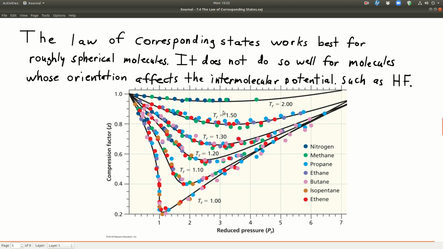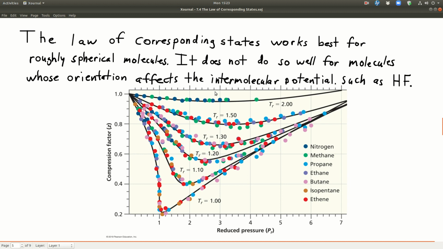And what it shows is that when the reduced variables are the same, they have very similar properties. So the same reduced temperature and pressure gives very similar values for the compression factor. Remember, compression factor is a handy measure of how similar to an ideal gas a gas is behaving.